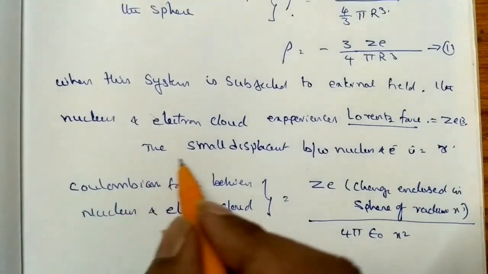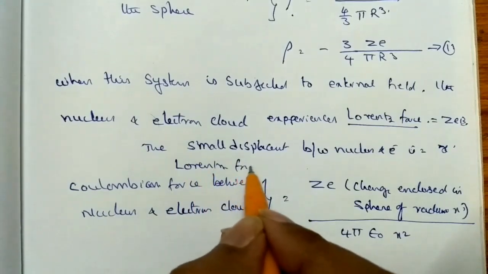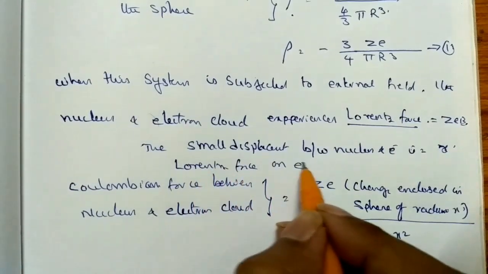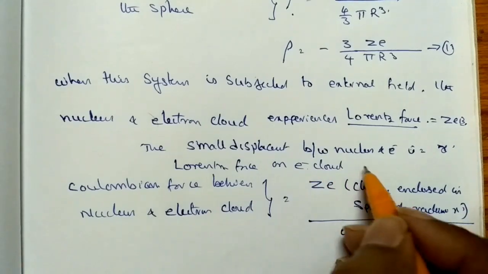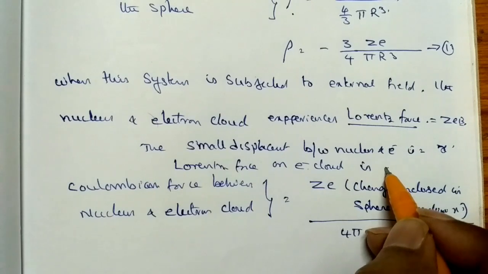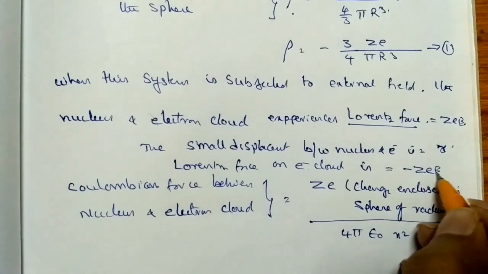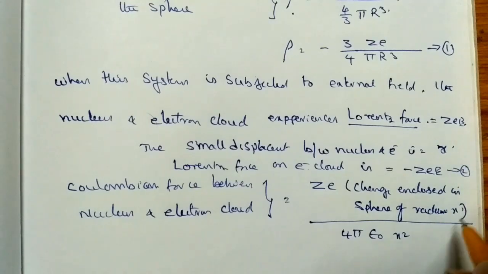And the Lorentz force on the electron cloud is equal to minus ZeE. This is equation number 2. This is equation number 3.